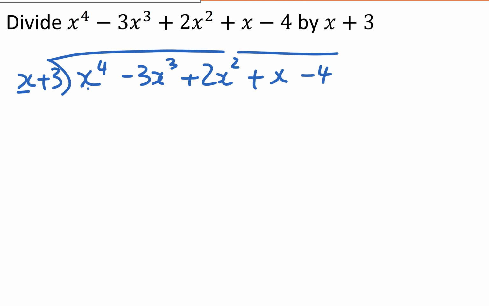Well, because x to the power of 3 times x is what? Gentlemen, how many times does x go into x to the power of 4?